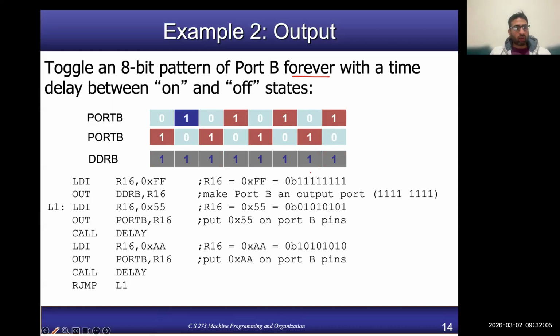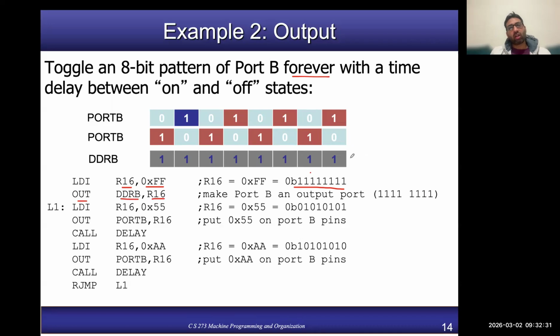First you put the value 0xFF, which is basically nothing but 8 ones. So 0xFF is the hexadecimal form of 8 binary ones. You load that value into R16, and then you use the out instruction to write the value of R16 into the DDRB register.